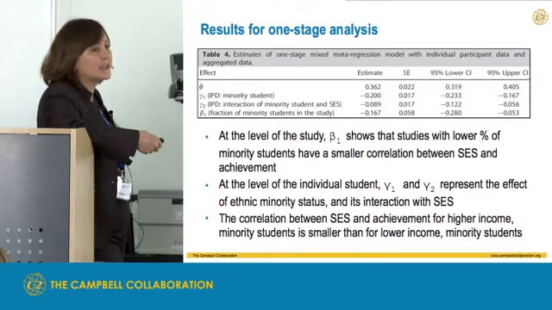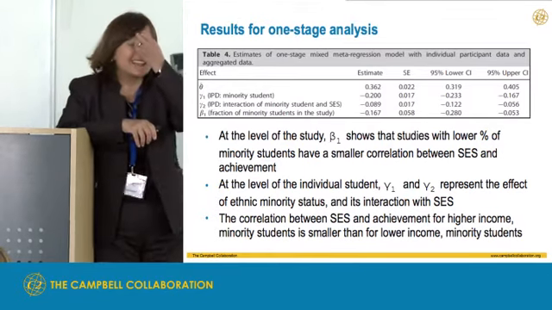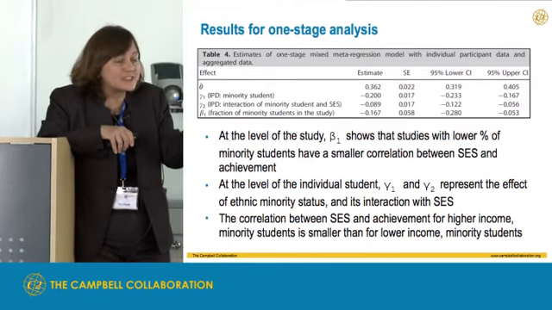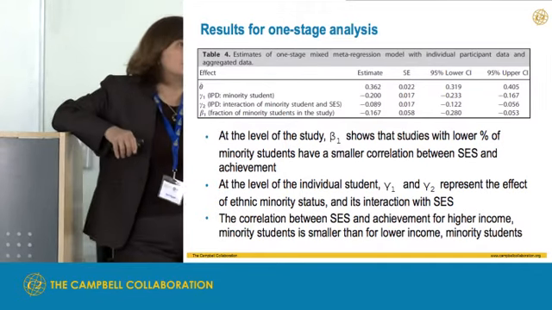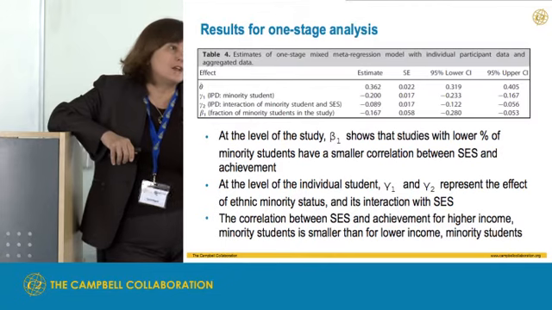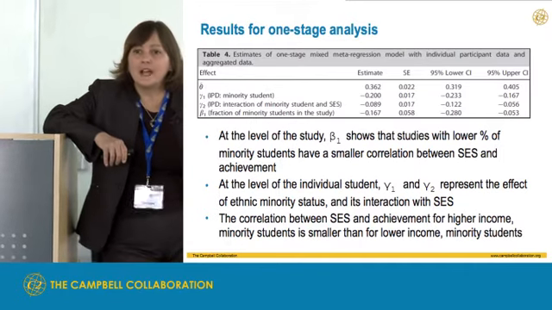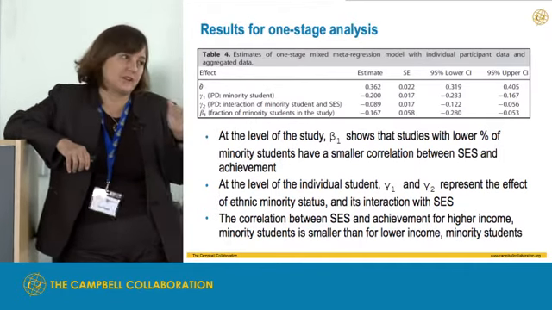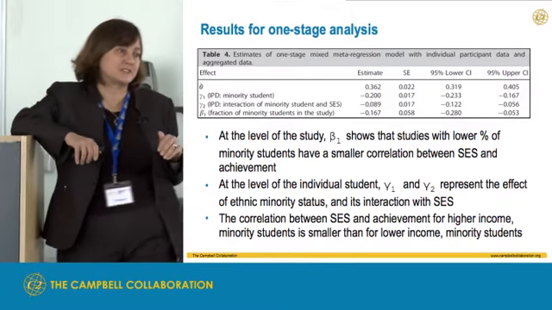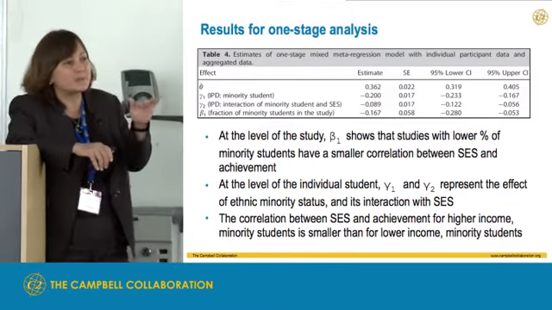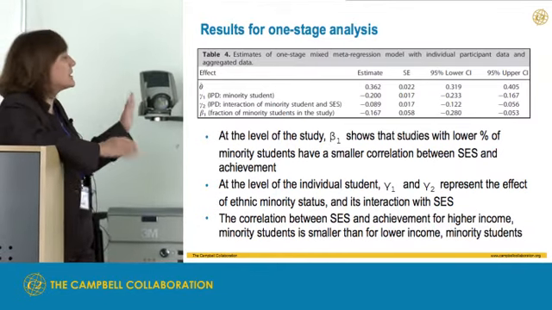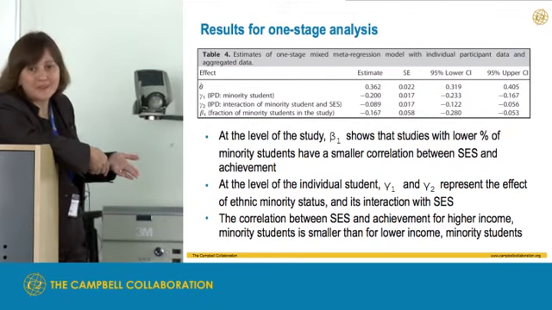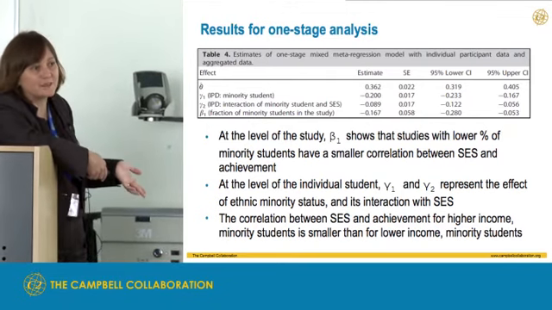I think the benefit of having that individual level data is that we get a little bit closer to that question, if we can imagine this was an intervention case, of how do treatments vary as a function of individual level characteristics, as opposed to how do study level effects vary as a function of study level characteristics, which gets us close to what we want, but not where we really want to be. So we do get a little bit more of a nuanced understanding of what happens in these moderator effects when we have IPD data.